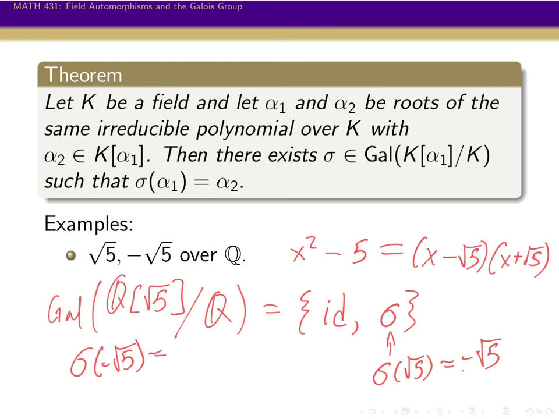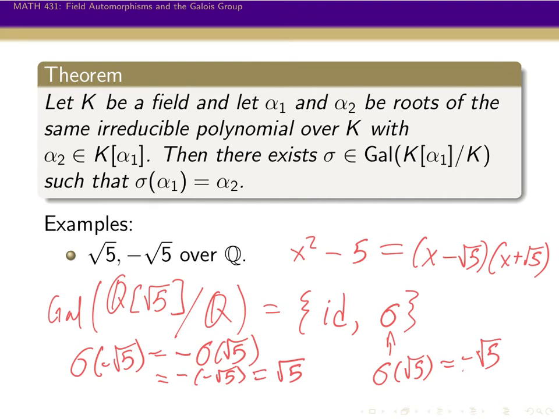Well, we can think about that as being minus 1, and so we can pull the minus sign out. So it'd be sigma of minus times sigma of square root of 5, and so we'd have minus square root of 5, because sigma of square root of 5 is minus square root of 5, which gets us just back to square root of 5.